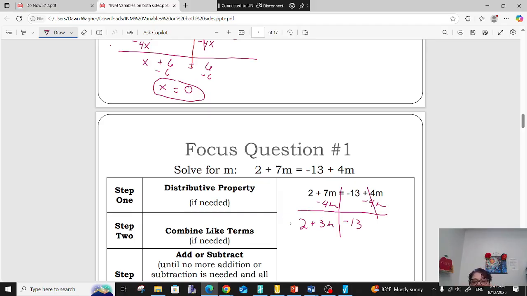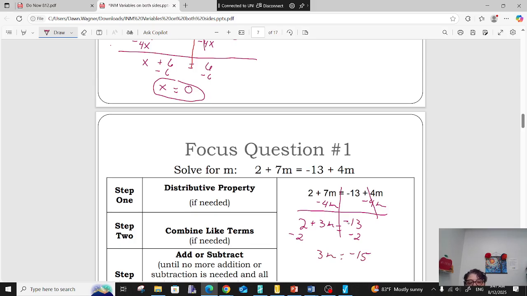So here I have 2 plus 3m equals negative 13. Now I have m on one side. I want to get the constants on the other side. So I'm going to subtract 2 here. And I get 3m is equal to negative 15.